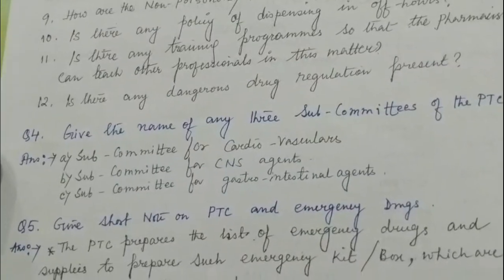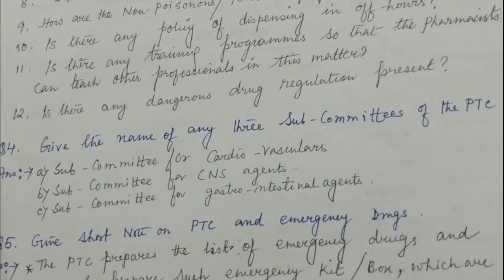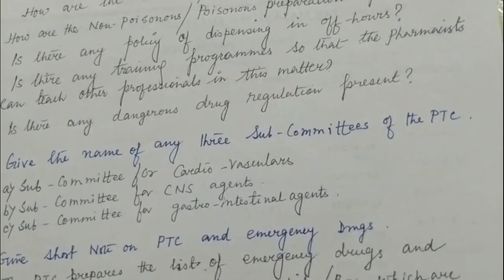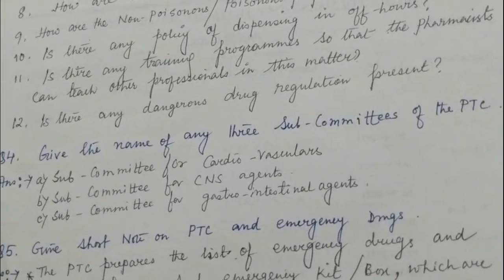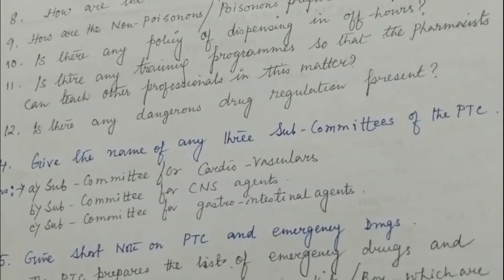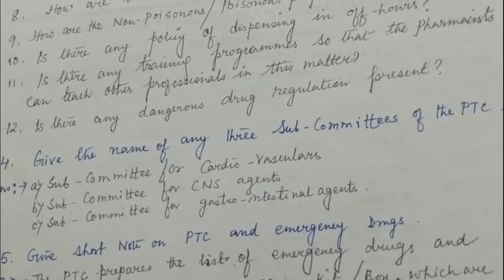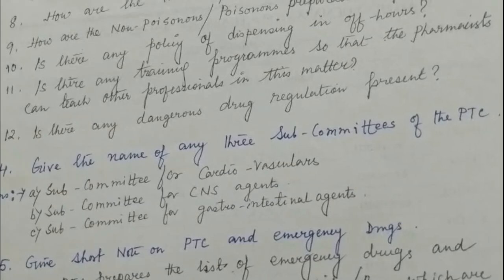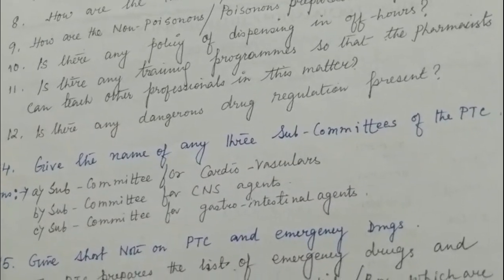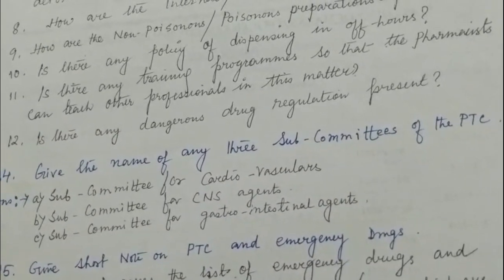Question: give the name of any three subcommittees of the PTC. Here you have to give the subcommittee of cardiovascular, subcommittee of CNS agents, subcommittee of gastrointestinal agents. There are several types. You can give any three.